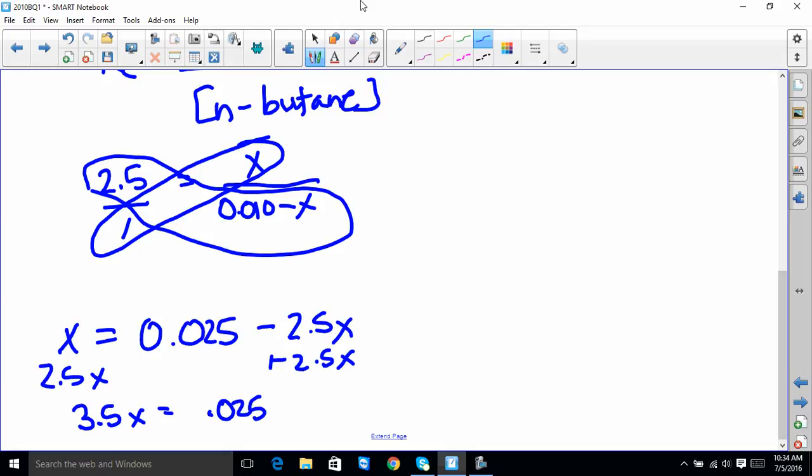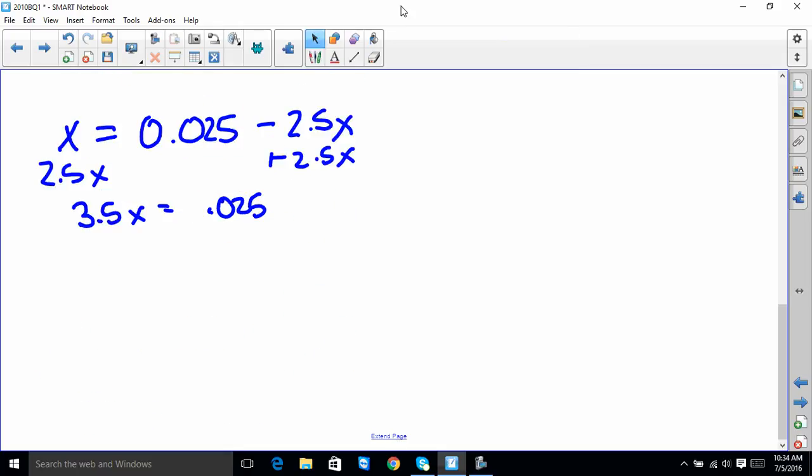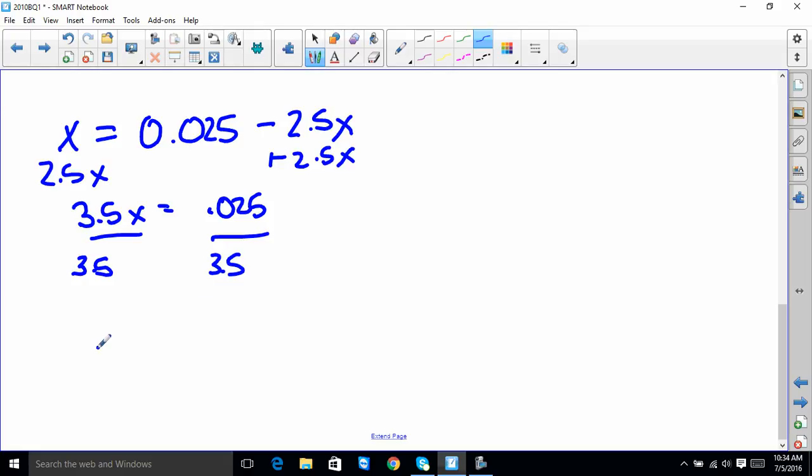All right, so I'm going to grab this and extend the page some more. And then to solve for x, you divide both sides by 3.5, and x comes out to be, rounded to 2 sig figs, 0.0071 molar.